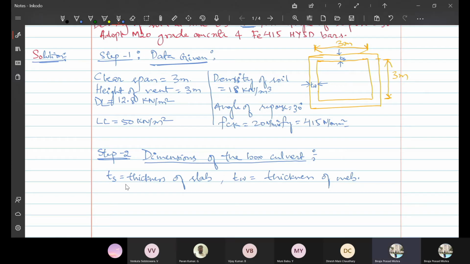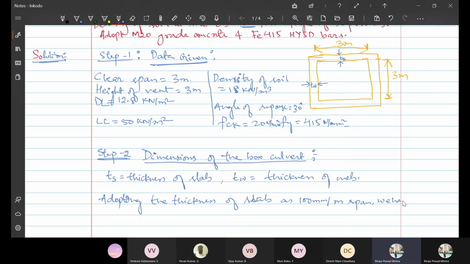So we can write like this, adopting the thickness of slab as 100 mm per meter span.